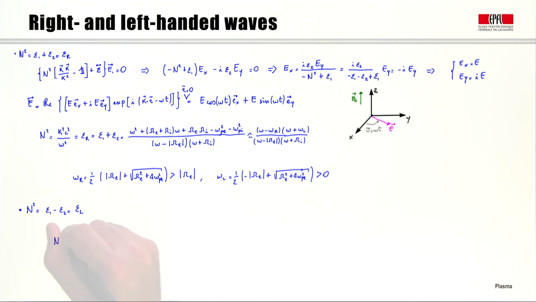The dispersion relation turns out to be equal to k squared c squared divided by omega squared, and this is equal to, upstairs, omega plus omega R, omega minus omega L, over omega plus the absolute value of the electron cyclotron frequency, and omega minus omega ci.